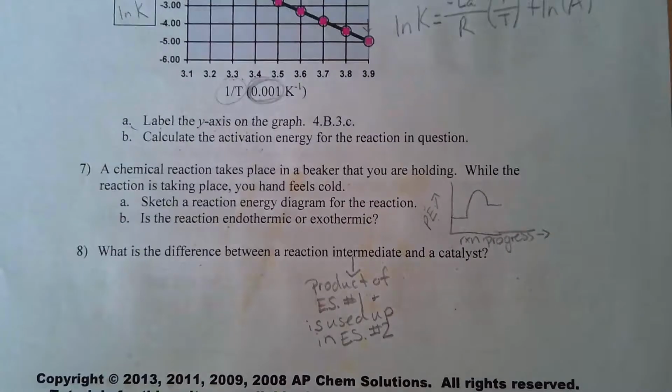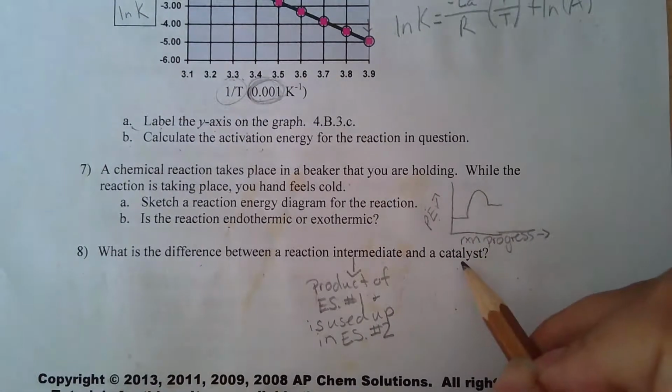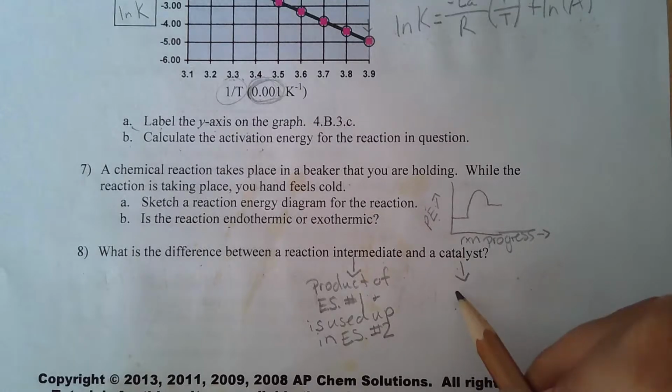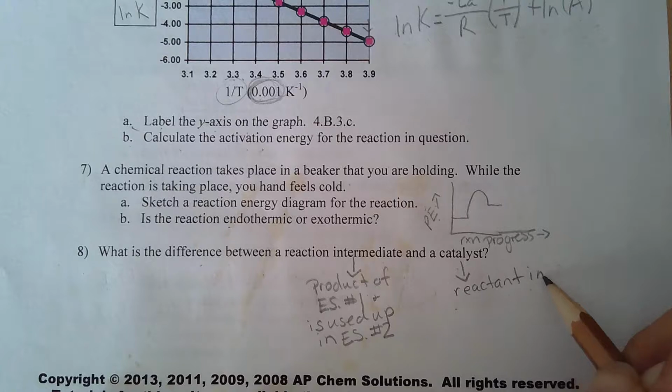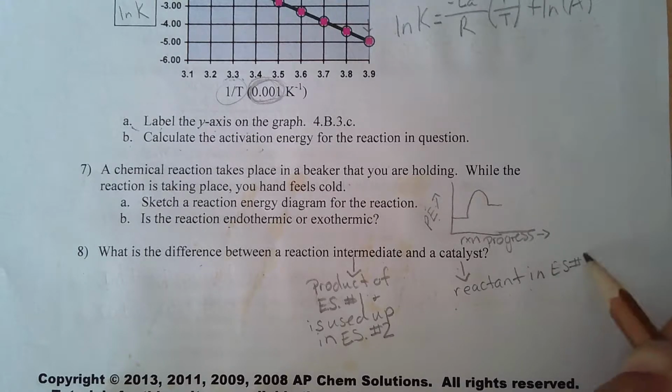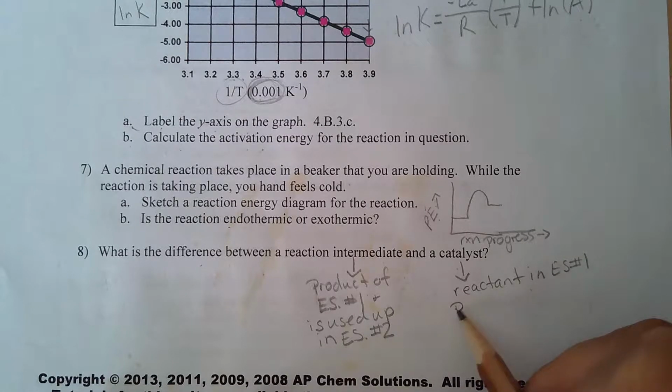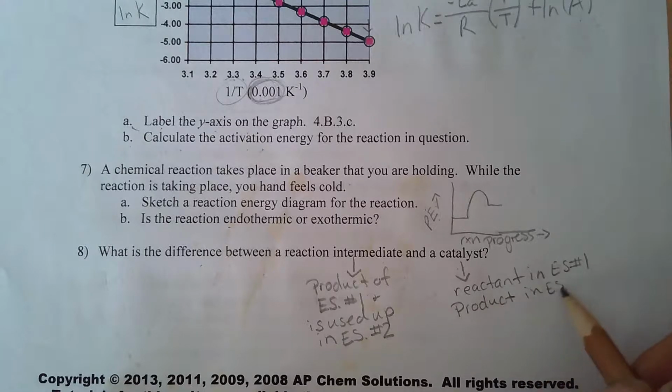final overall chemical equation, and then a catalyst is a reactant in elementary step number 1 and is a product in elementary step number 2. Okay, these are elementary steps, remember, from your reaction mechanisms.